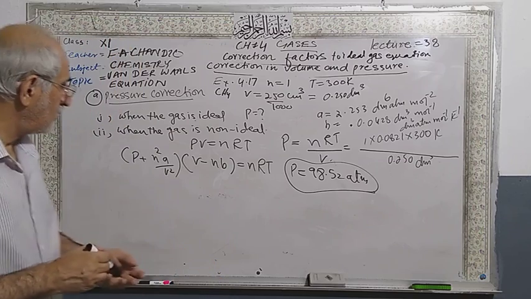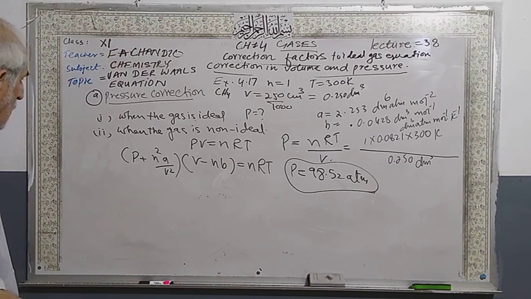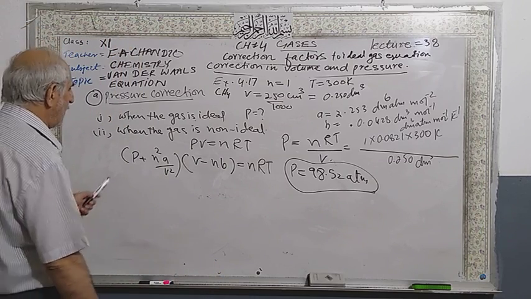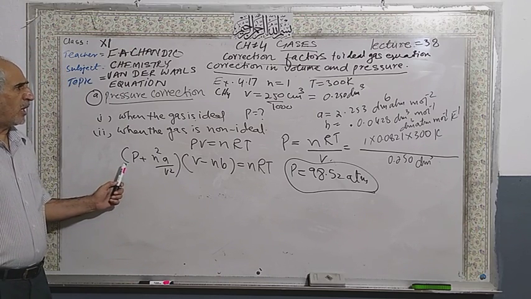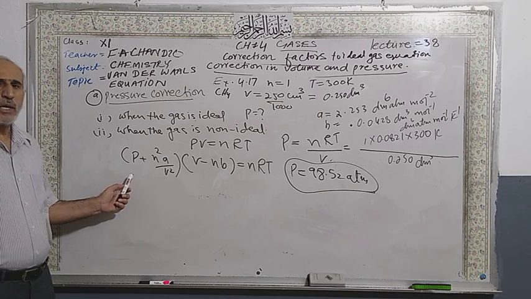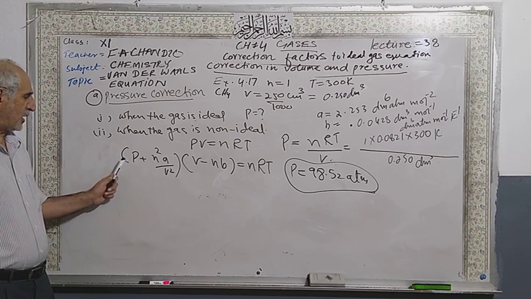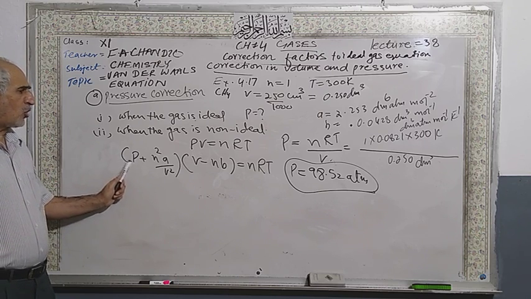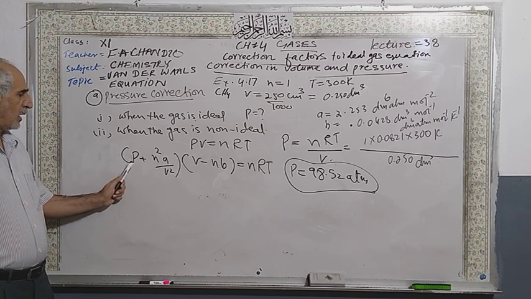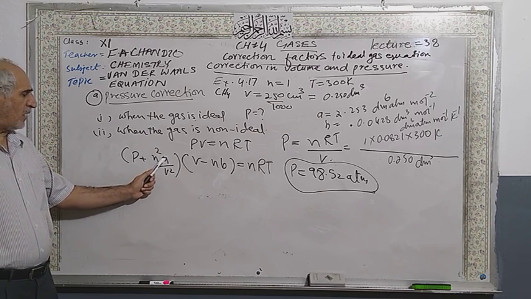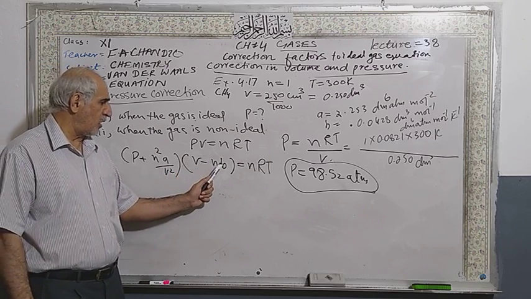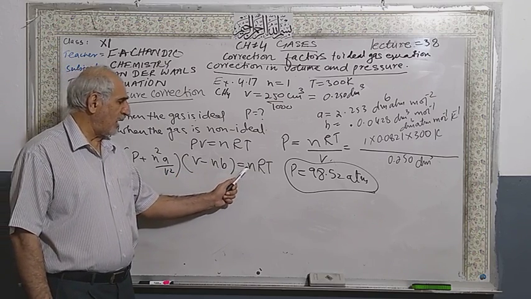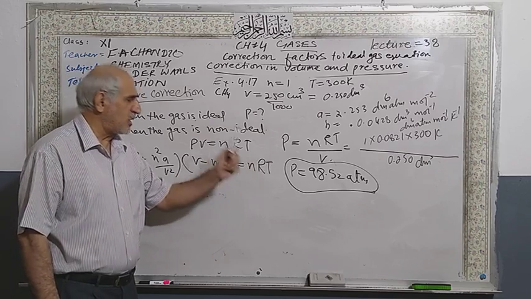This is the non-ideal gas equation according to van der Waals derivation by using volume correction and pressure correction. Please, you have to calculate this pressure. The n value is given, A value is given, volume is given, B value is given, R is given, and T is given.